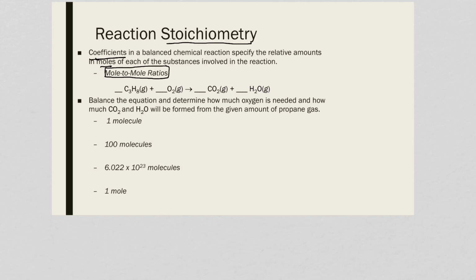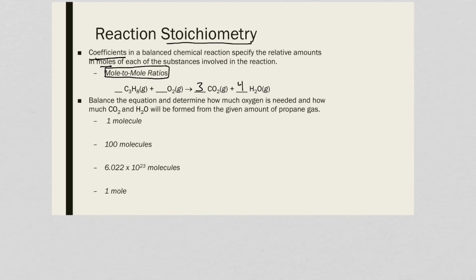So let's start by balancing this equation, and then we can do some calculations with it. So if we set out to balance it, we start with our carbon, let's say. So we got 3, and so maybe we need to put a 3 here to balance it. So we have 3, so let's look at the hydrogens. We have 8, so I have 2, so I can put a 4 there to balance it. So I got 4 in front of water.